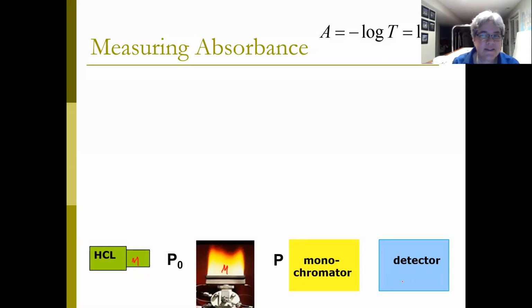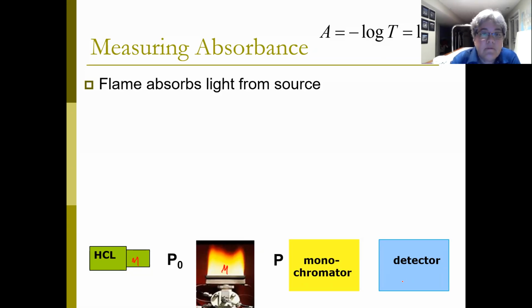Now, there are several different problems that can happen while you're making this measurement. Okay, the first is some of this light from the source might be absorbed by the flame. You know, there are things in the flame, and so just the flame itself, without your sample, some of the light might be absorbed. So we have to correct for that.